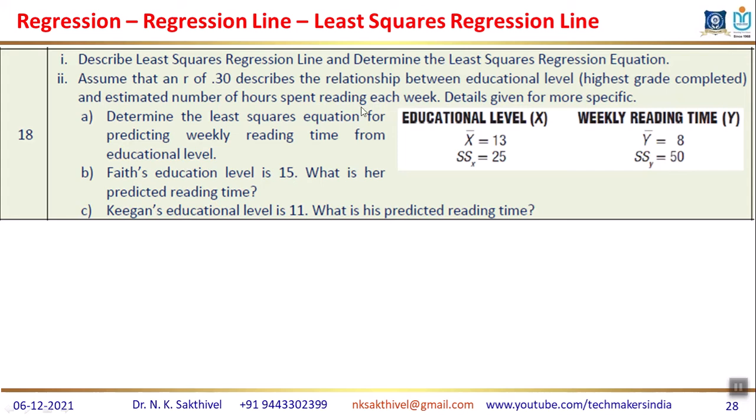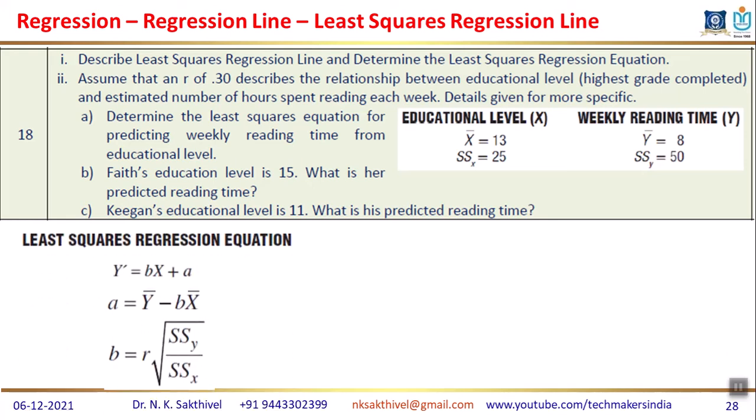Obviously, if a child is spending much time every week, the grade will be higher. How to calculate? It's very simple, isn't it? The question is to relate the grade as well as the spending time. We can calculate; I have already given the formula and all, so you can calculate.